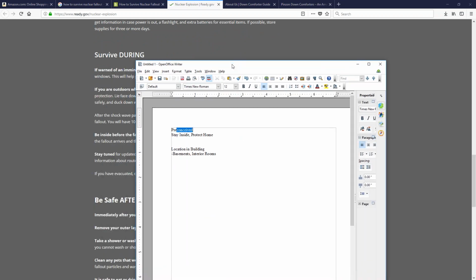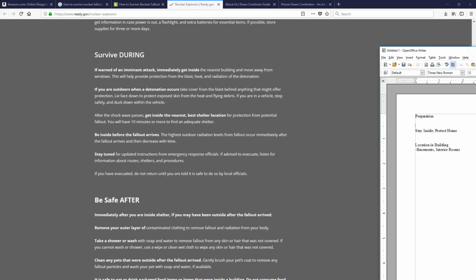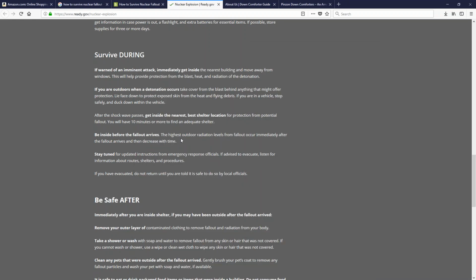So what I'm doing here is I'm breaking down this main topic, survival strategies for nuclear fallout. I'm taking this main topic and I'm splitting it up into a number of different chunks. This is important because it's going to help me when it comes to writing this actual article.